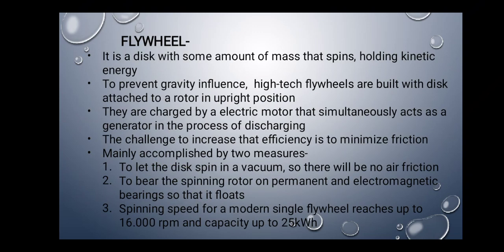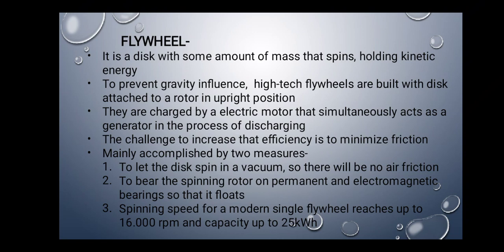So the flywheel is a disc with some amount of mass that spins, holding kinetic energy. To prevent gravity influence, high-tech flywheels are built with the disc attached to a rotor in an upright position. They are charged by an electric motor that simultaneously acts as a generator in the process of discharging. The challenge to increase efficiency is to minimize friction, mainly accomplished by two measures.